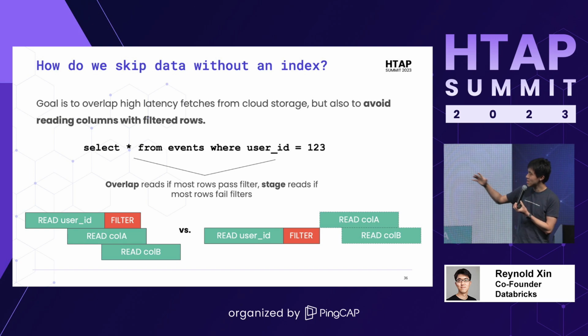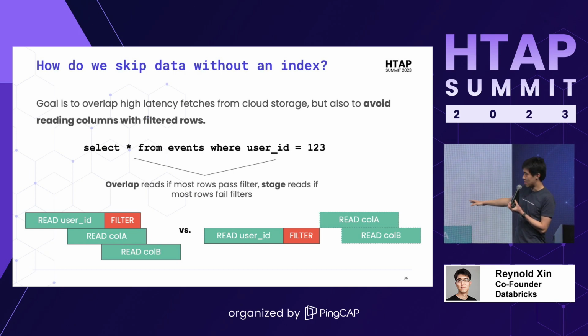In this case, you might be reading unnecessary data, because if the filter is very selective, which is typically when people want indexes, columns A and B might never be needed until a specific block that actually has a hit on user ID 1 to 3. So we're wasting work in this case.